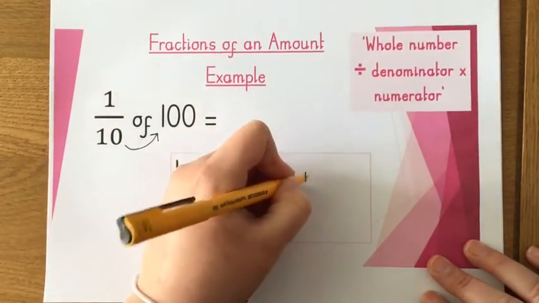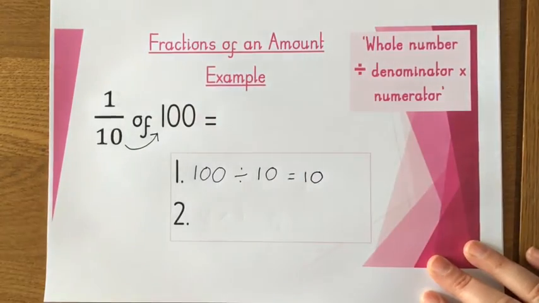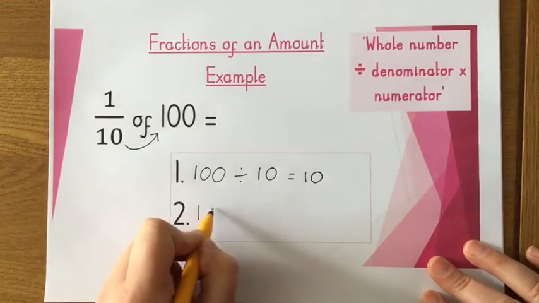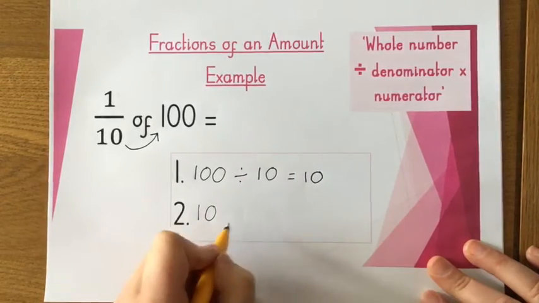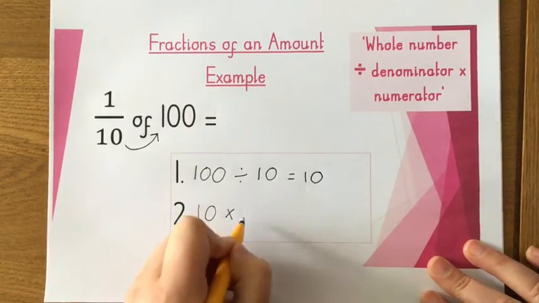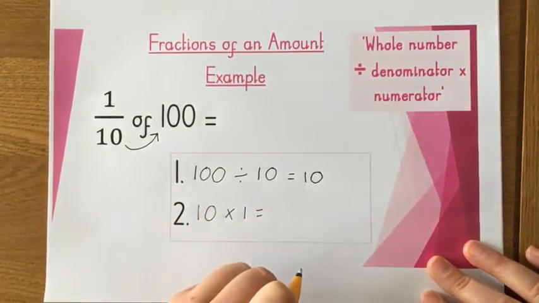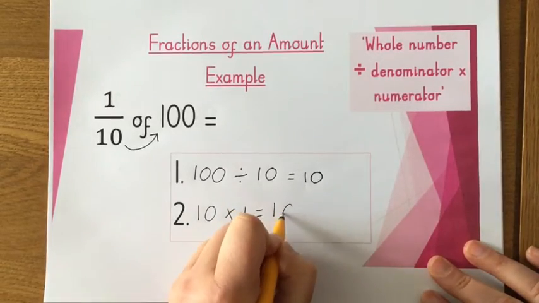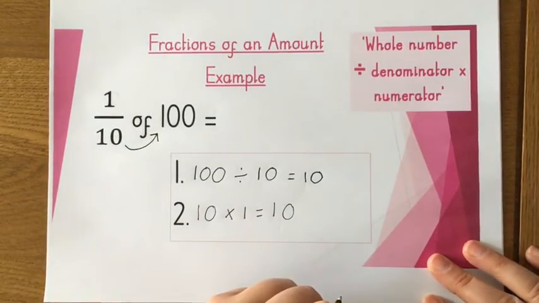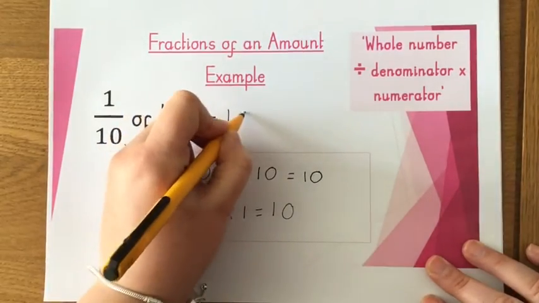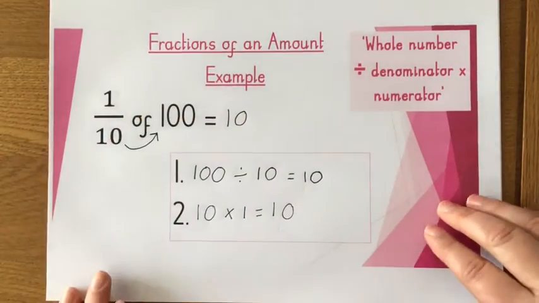That's right, there's 10. Then I've got to do my answer, 10, times by the numerator, which is 1. 10 times 1 equals 10. So 1/10 of 100 is 10.